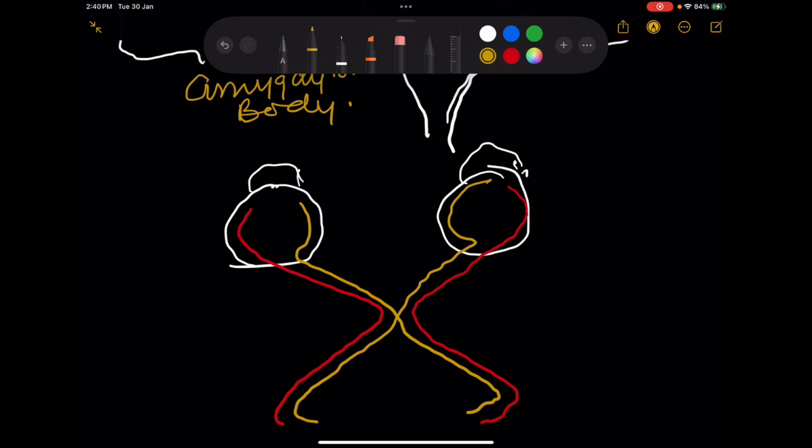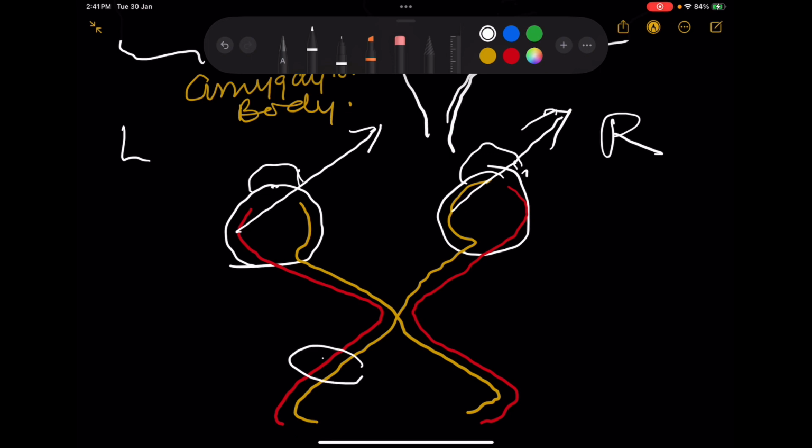Since the temporal would, this is the left side, this is the right side. So left side temporal is looking to the right. Therefore, the right side nasal is looking to the right. Therefore, the left side temporal and the right side nasal in the left optic tract is looking to the right.